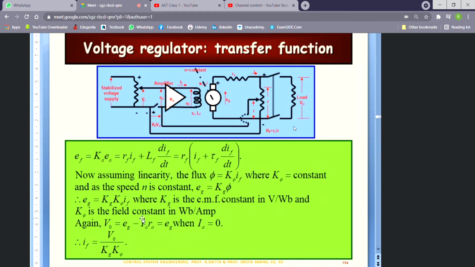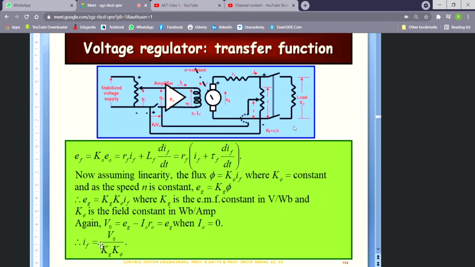Why is IA very small? That I told you, because this system is designed to have a large R over here, meaning that we expect that if the switch is not connected to the load, then there is practically negligible circulating current over here, meaning the IA that we would be having. So basically IA is negligible, as a result of which we have VO is equal to EG, right?